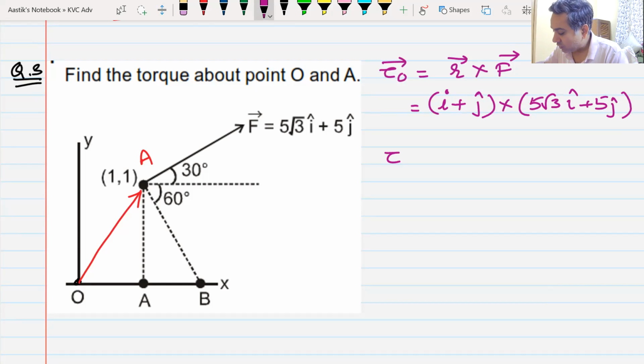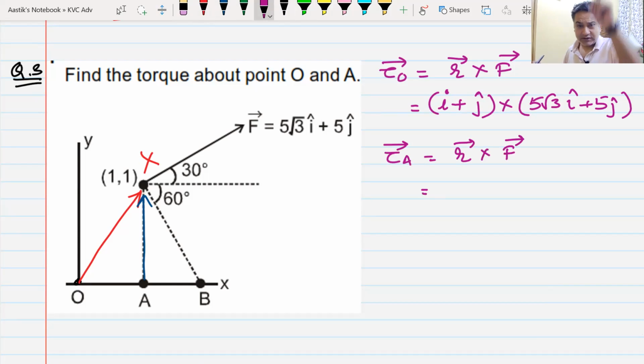To find the torque about the point A, you draw the vector from here to here like this. Okay, I have written this point as A. Let me write this point as X. So now, torque about the point A will be this R vector cross F. Yes or no?